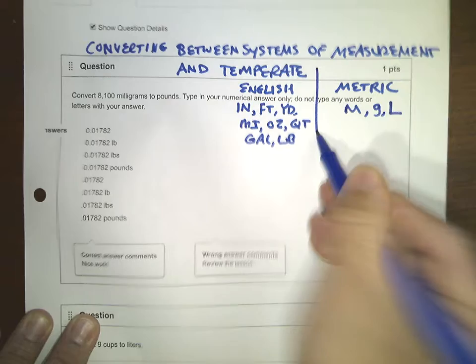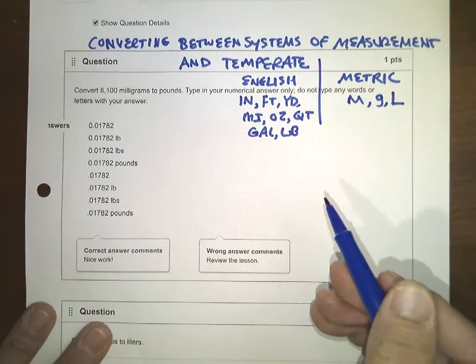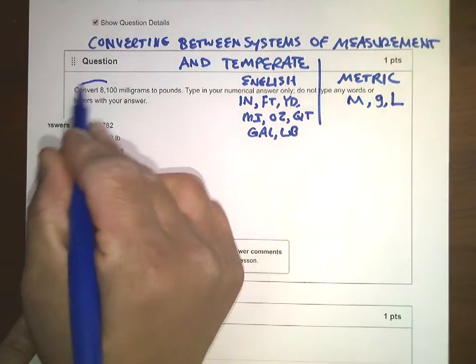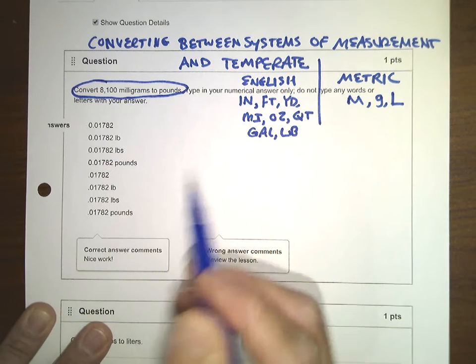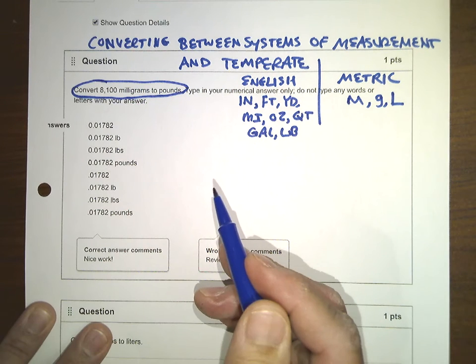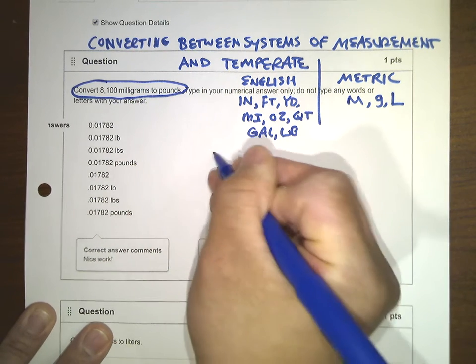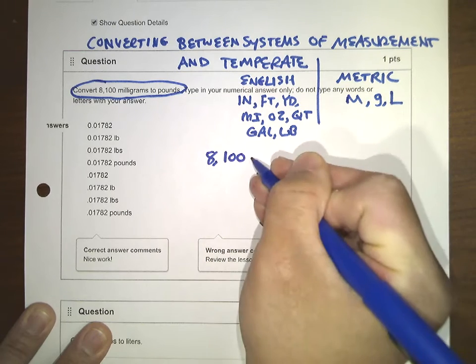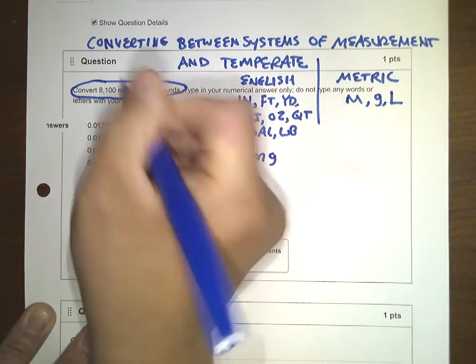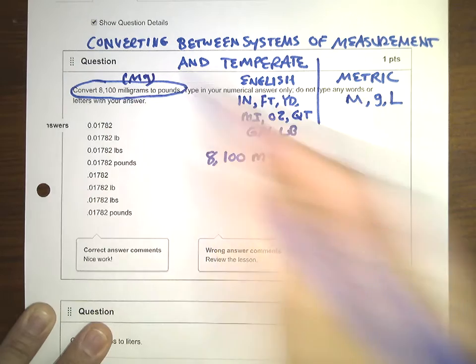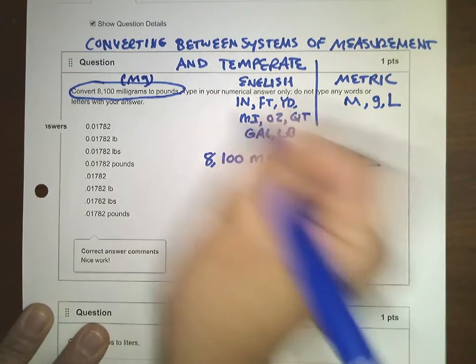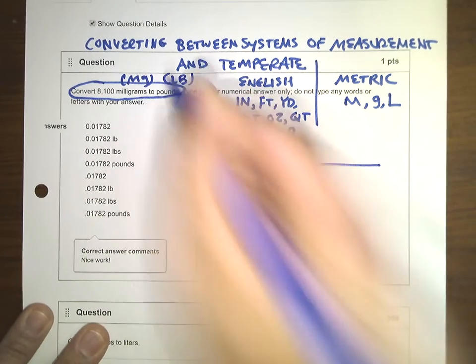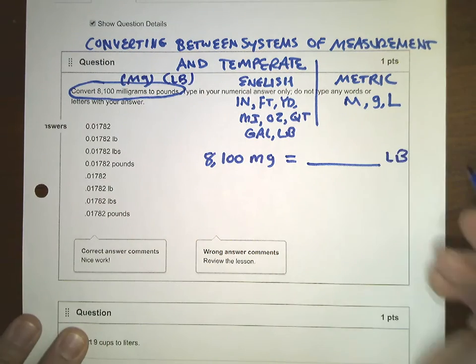All right, so if we want to look at the first one, it says convert 8,100 milligrams to pounds. So 8,100 milligrams, mg is milligrams, to pounds, and lb is the abbreviation for pounds.